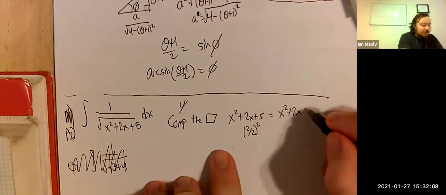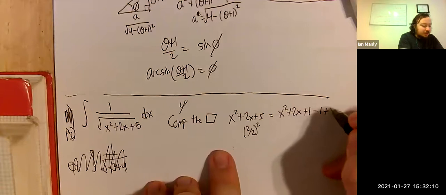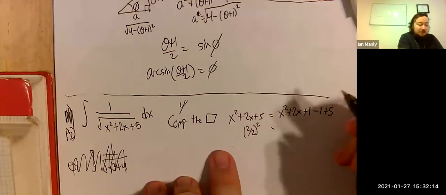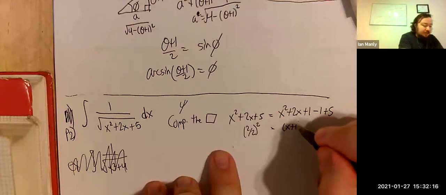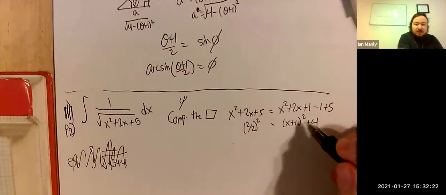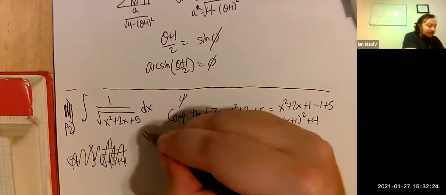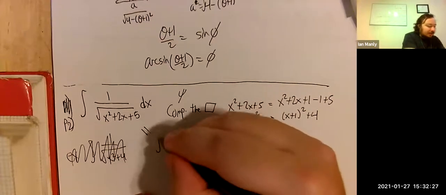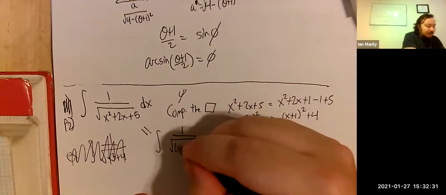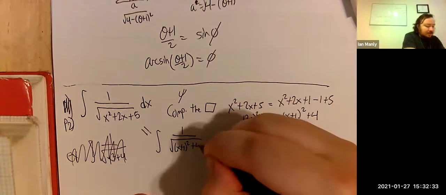I have x squared plus 2x plus 1 minus 1, and I have this 5 over here. These will factor into (x plus 1) squared, and 5 minus 1 is 4. So this is what my completed square looks like. My integral can be rewritten as the square root of (x plus 1) squared plus 4.